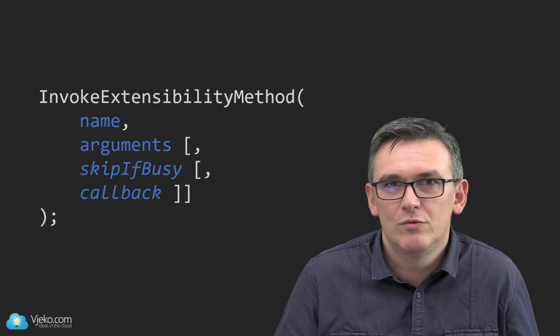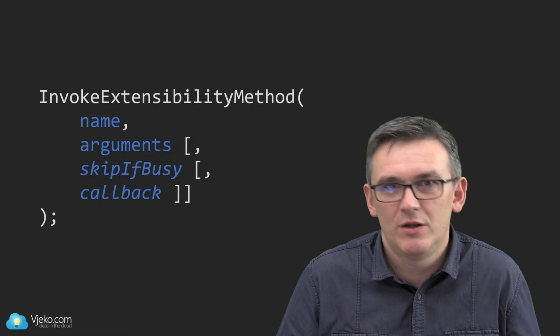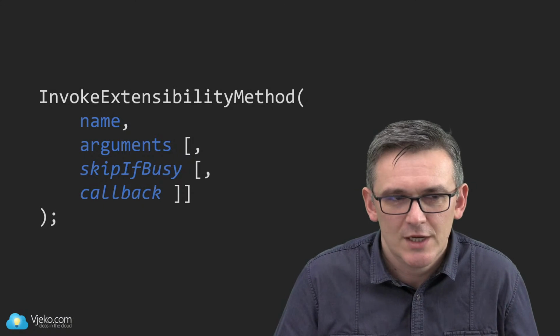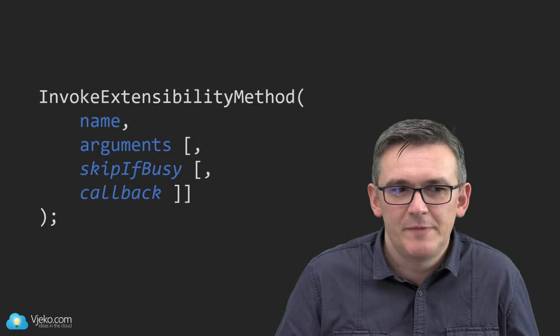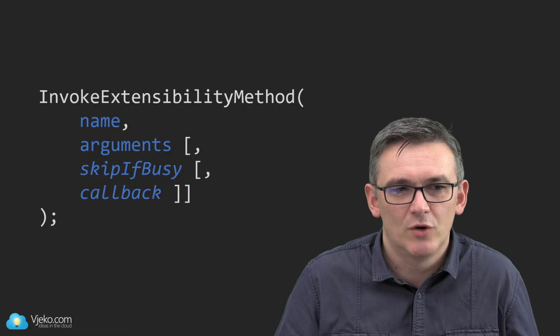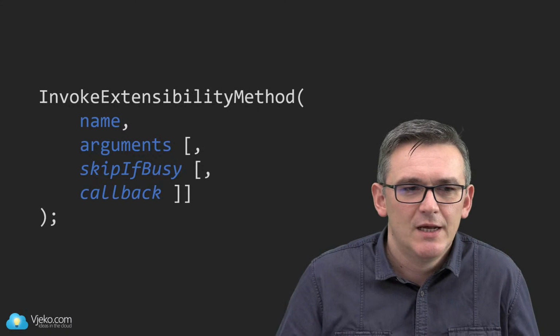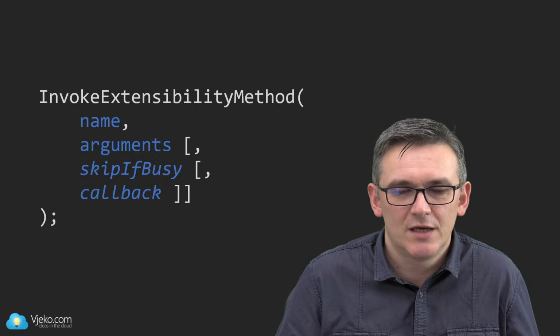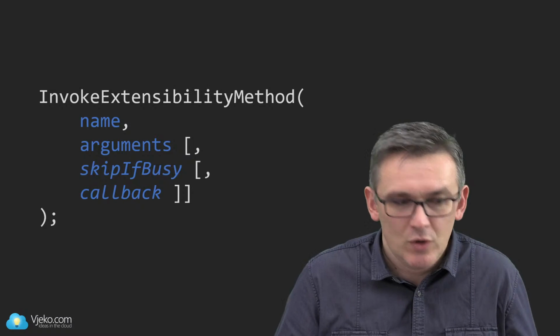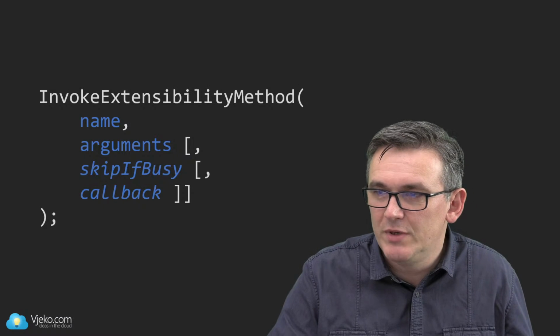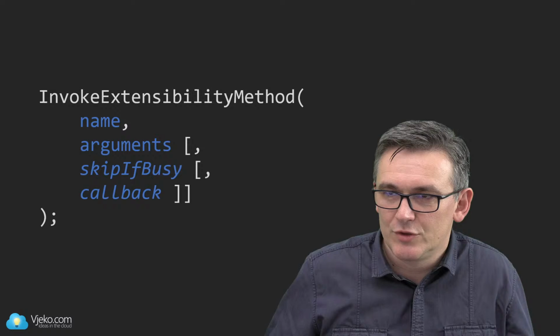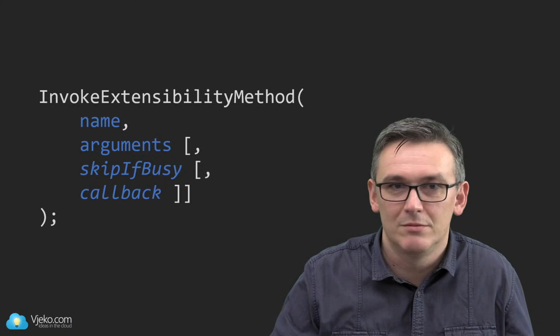So if you want to learn more about this method, I suggest that you check that one out. That time I didn't spend any time talking about SkipIfBusy. I mentioned what it is, but I didn't explain why it's relevant and how to properly handle that. So this is what this session is going to be about, and I'm just now going to switch to my code and let's demo away.